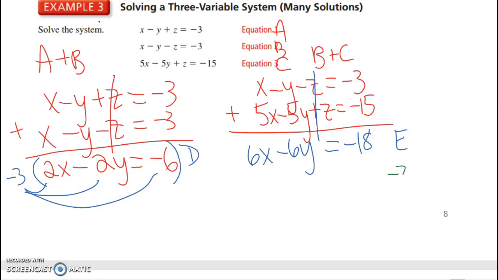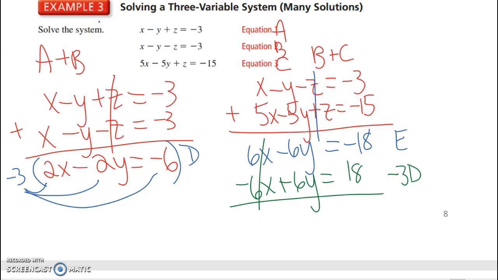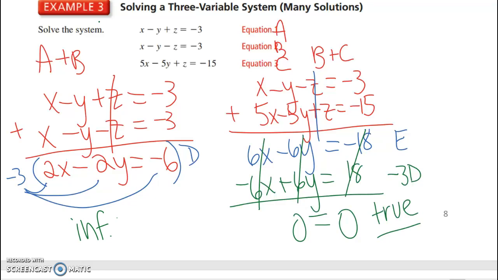This is -3 times D. So we have -6x plus 6y equals 18. And now when I add these, my 6x's cancel, my 6y's cancel, and -18 plus 18 cancels as well, and it's all 0. 0 equals 0 is a true statement. Therefore, my answer is infinitely many solutions.